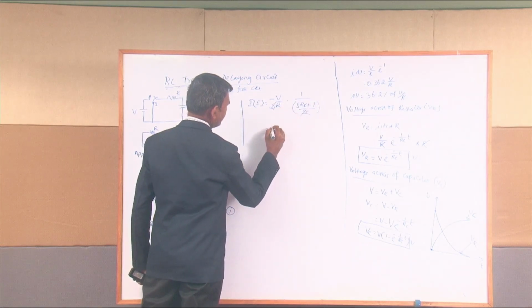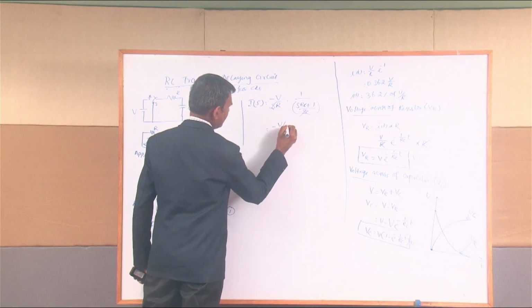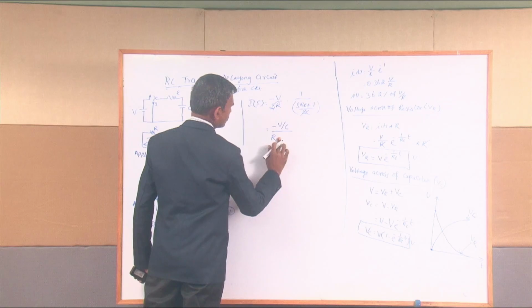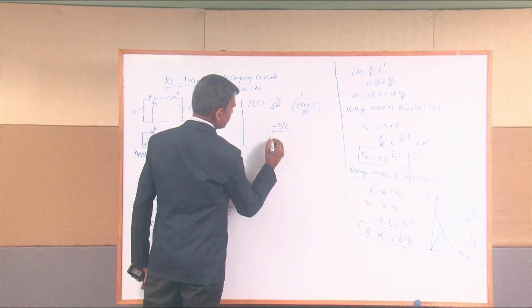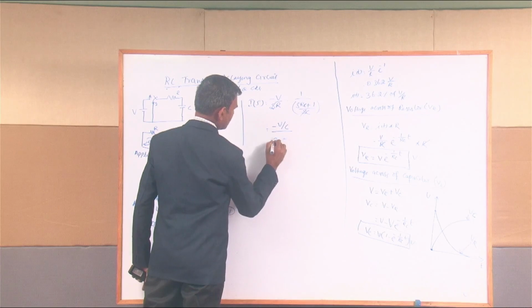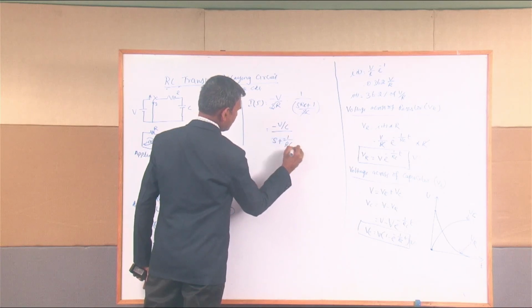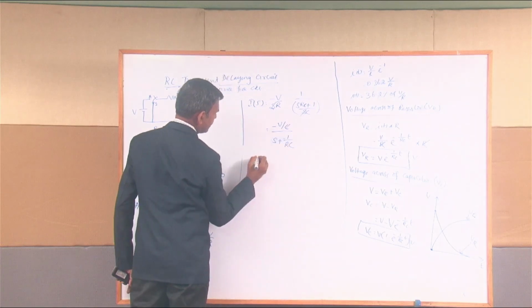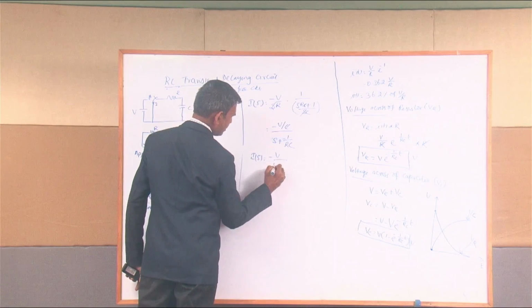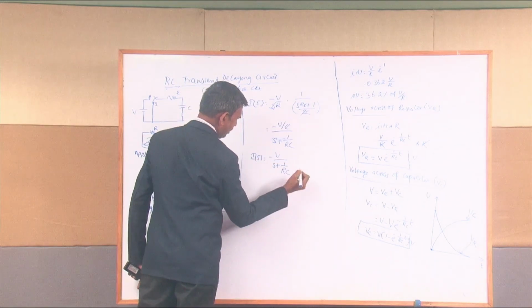So, minus V divided by C into R into C plus s plus 1 by RC, the C will be cancelled. So, I(s) is equal to minus V divided by s plus 1 by RC.